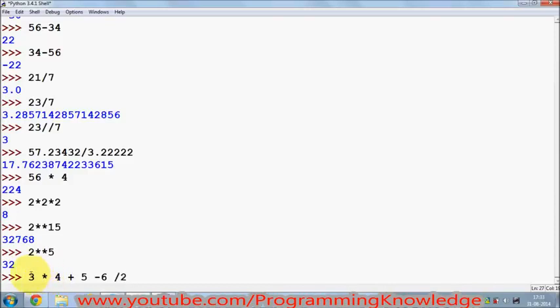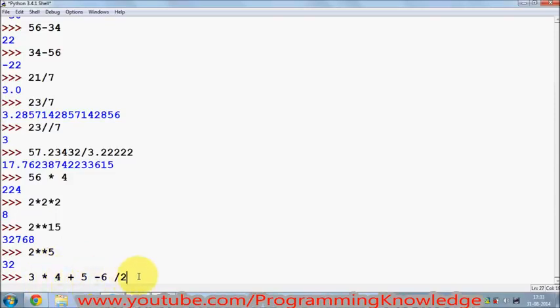So what will be the order? Will 3 into 4 happen first, or 4 plus 5 happen first, or 5 minus 6 happen first, or what will be the priority?